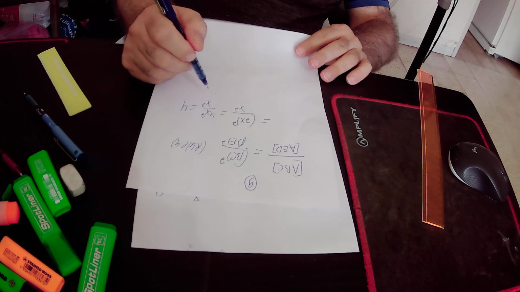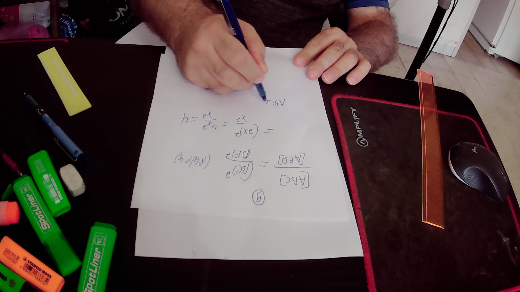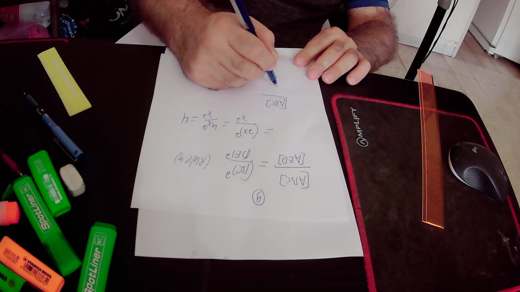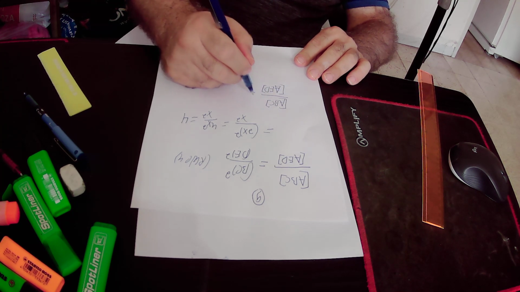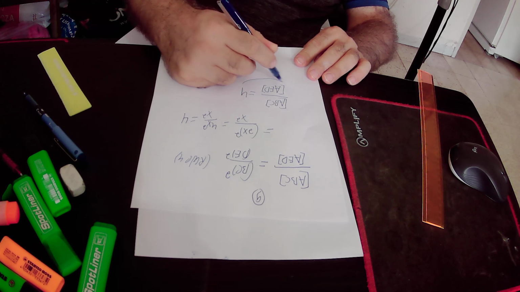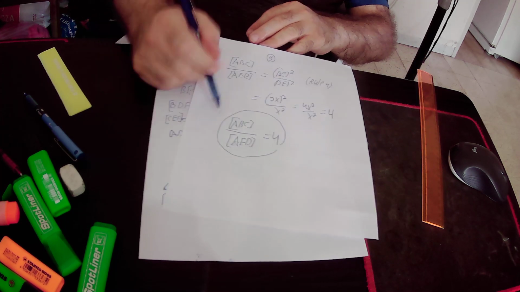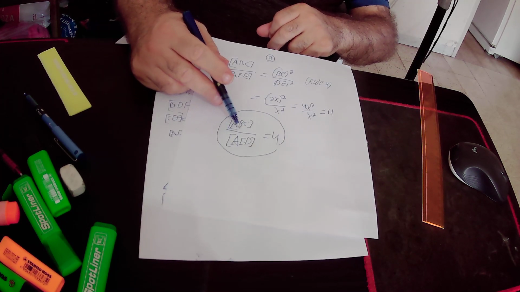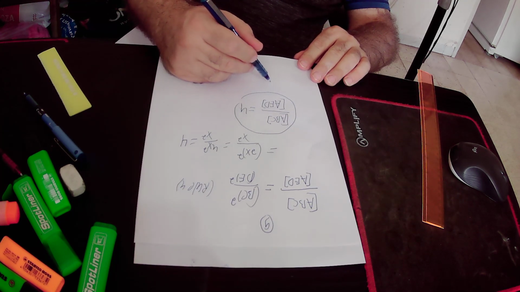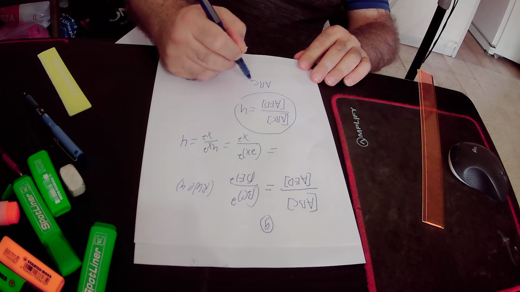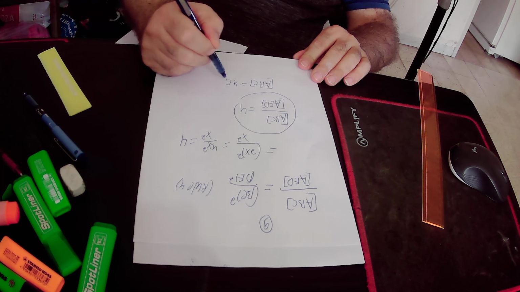So the ratio between the area of triangle ABC to the area of triangle AED is equal to 4 according to rule number 4. Here we can multiply this equality by the area of triangle AED, and we get that the area of triangle ABC is equal to 4 times the area of triangle AED.